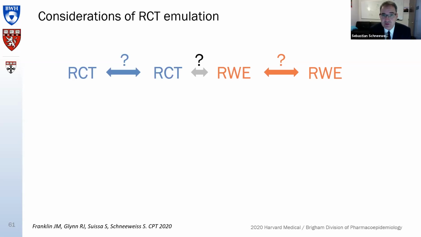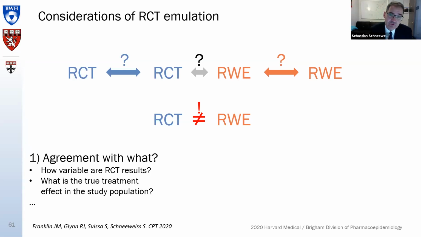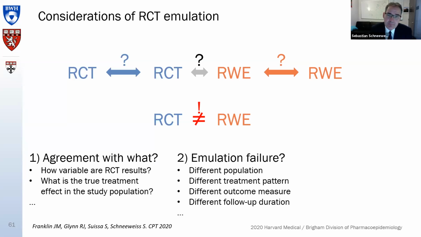If we run 2 RCTs, we don't expect exactly the same numeric finding. Now, if we don't find the same finding in a single RCT and a single real-world evidence study, several questions come immediately up. One is, well, what is the agreement, what we're agreeing to or not to? What is the variability between RCT findings? And does this one RCT that we have identified truly reflect the estimate in our population?